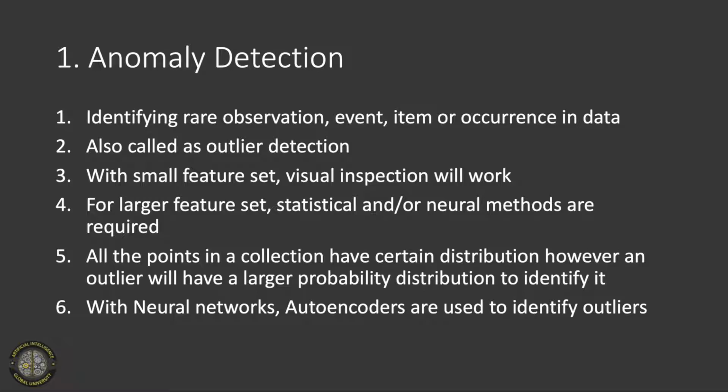Why is it important? If you have outliers in your data and you are doing machine learning, you might be training your machine learning model on wrong information. That's the reason you want to remove the outliers. Second, outliers could be something very problematic in your data. For example, you have financial transaction data and you want to identify if there is any fraudulent transaction, and that will be something out of the norm.